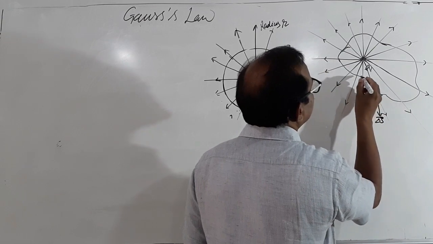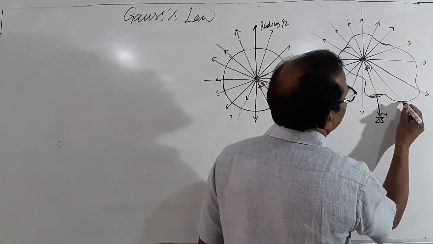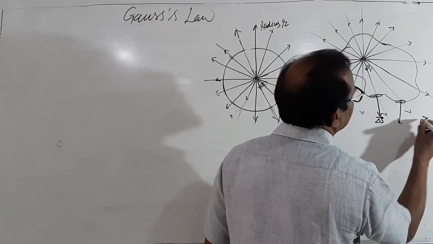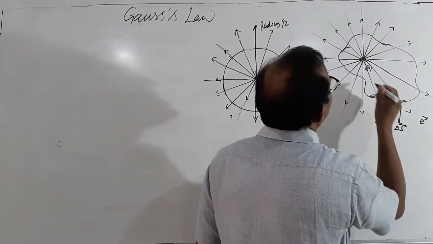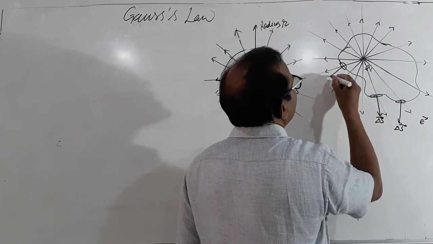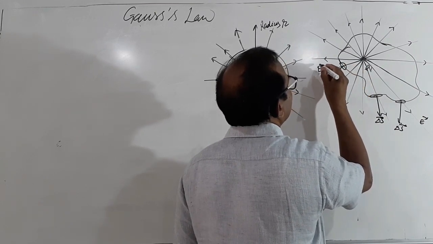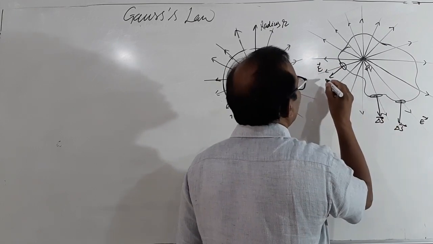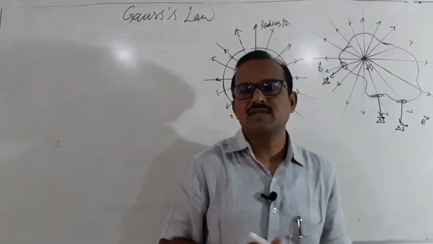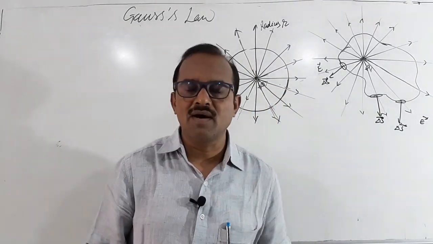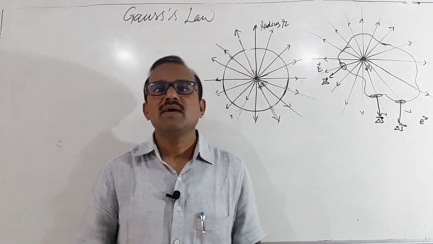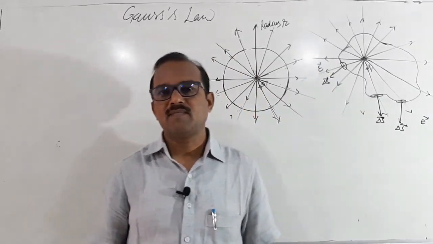In this case the area vector is directed here, and the electric field is here. Again here, this is the direction of the area vector and this is the direction of the electric field. So in all cases the angle between the area vector of a surface element and the direction of the electric field may vary from place to place.